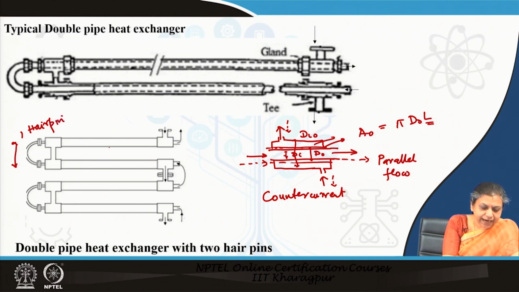It can happen that the inner tube is connected by means of return bends, and the shell is attached on the straight portion of the inner tube.